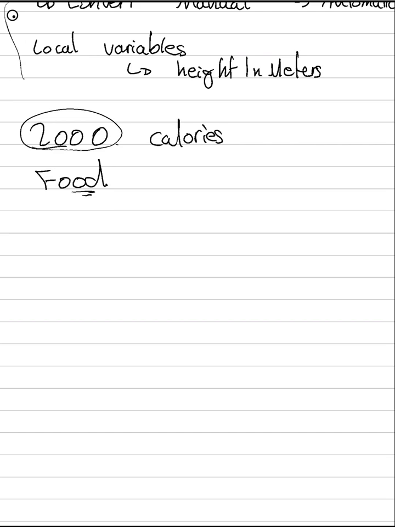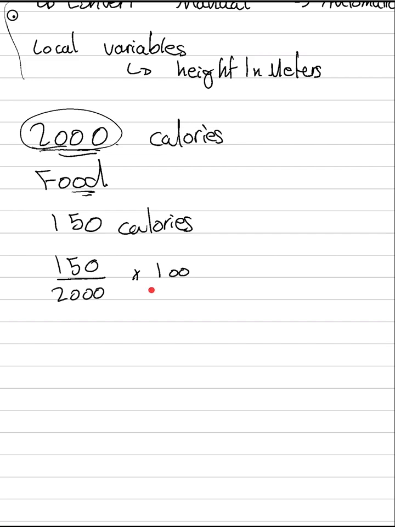So, for example, if a banana has 150 calories and I can eat 2,000 calories a day, I would do 150 divided by 2,000 and then multiply it by 100 since it's a percentage, and it will be 7.5%.